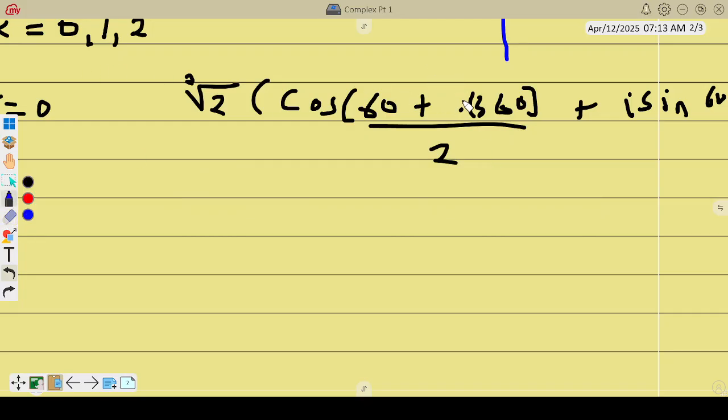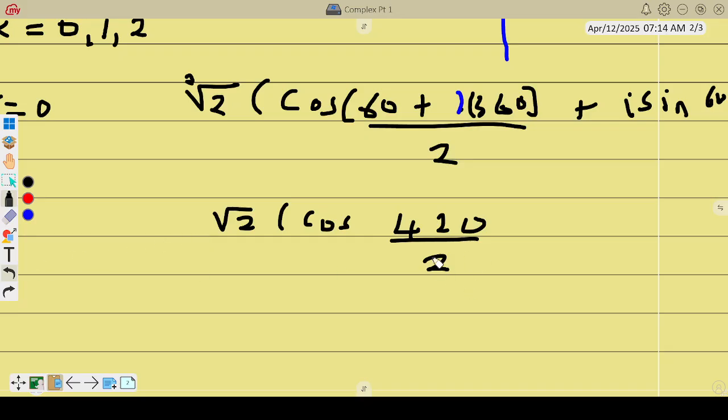We're going to have root 2 cos 60 plus 360, 420. I hope I'm not wrong.